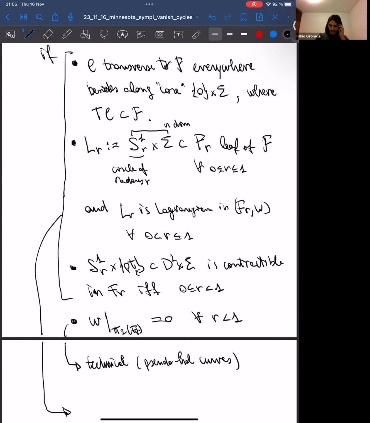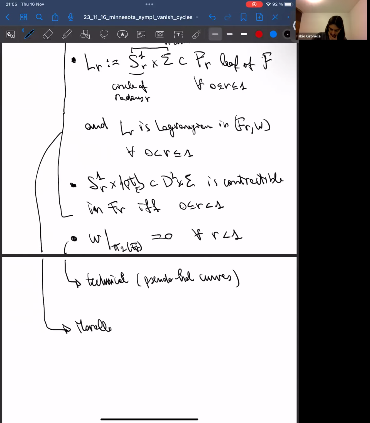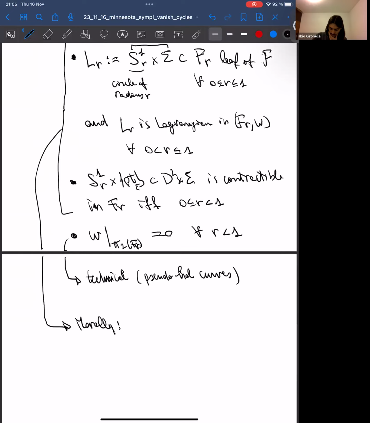These three conditions are basically saying that morally, what we are asking from this C is just to be a 3-dimensional vanishing cycle stabilized by this sigma. So this is the topological description, where the foliation really looks like the product of the foliation in the 3-dimensional vanishing cycle times sigma.